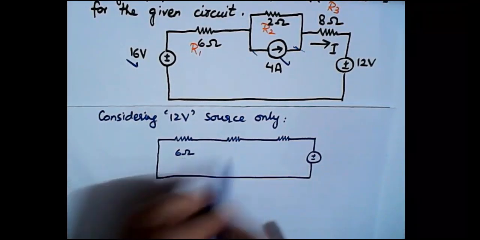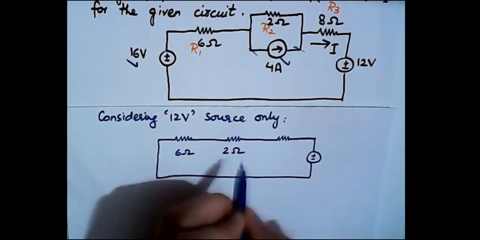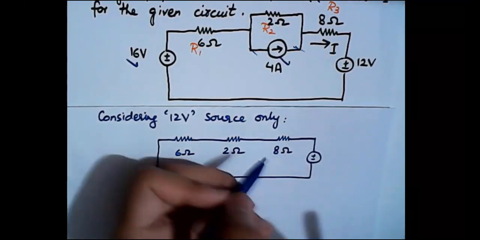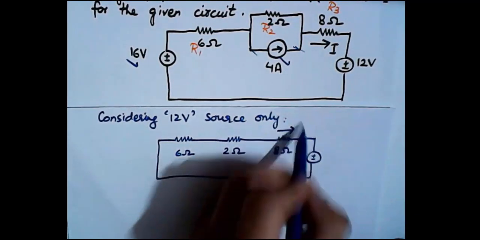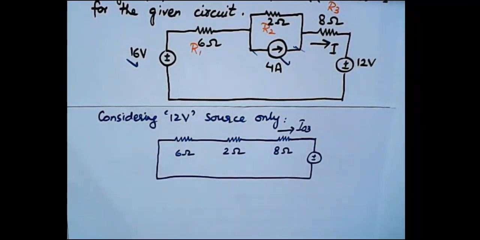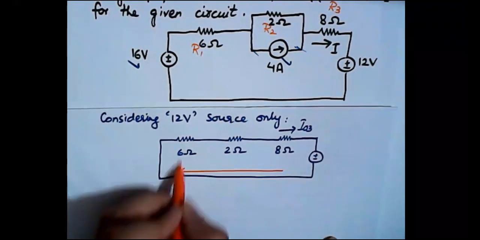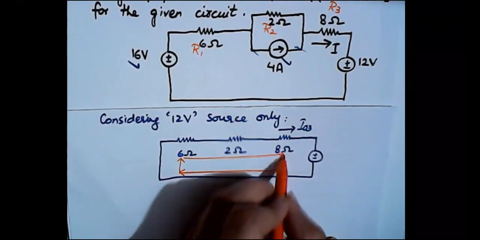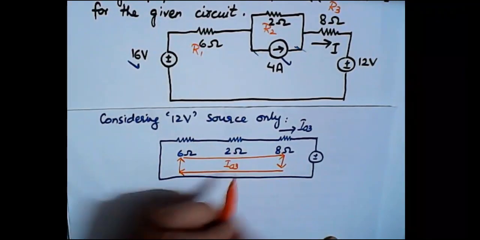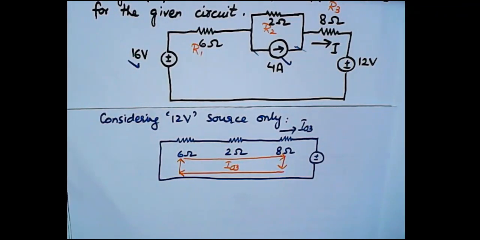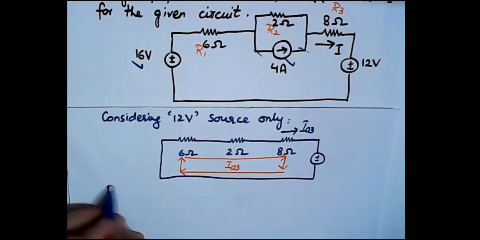We have 6 ohms here, then we have 2 ohms, 8 ohms, and this will be the current I03, right? Now you can see that the easiest way out to solve this question is by the help of mesh analysis. This current is flowing in a complete mesh or loop. This current is I03.